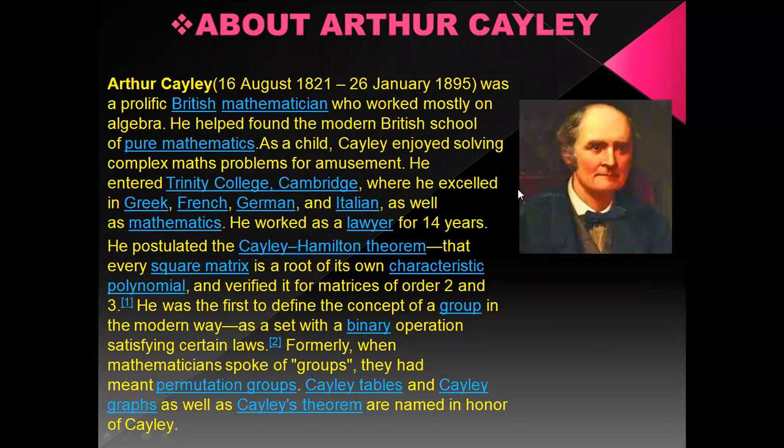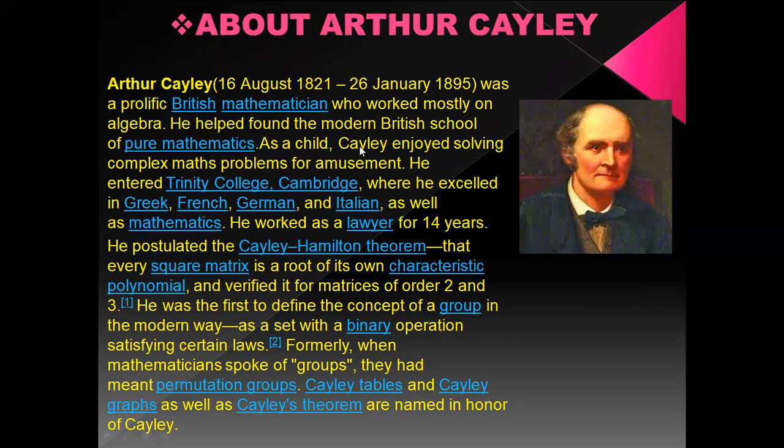About Arthur Cayley. Arthur Cayley, who lived from 16th August 1821 to 26th January 1895, was a prolific British mathematician who worked mostly on algebra. He helped found the modern British school of pure mathematics.